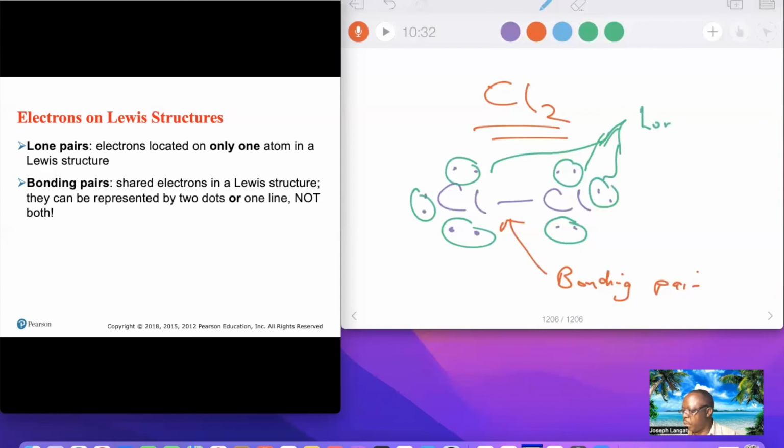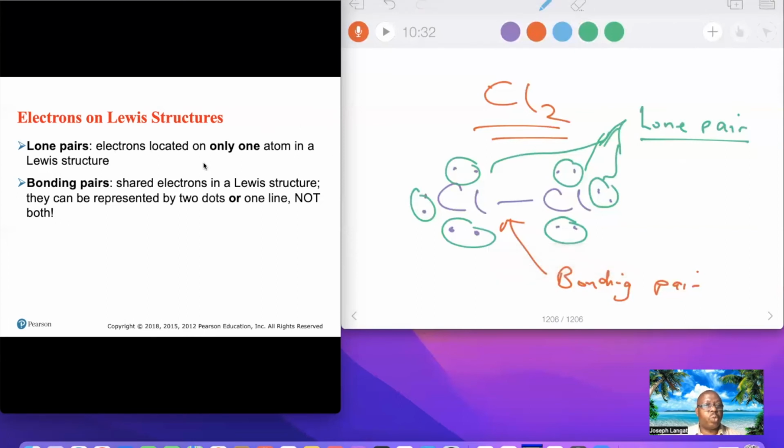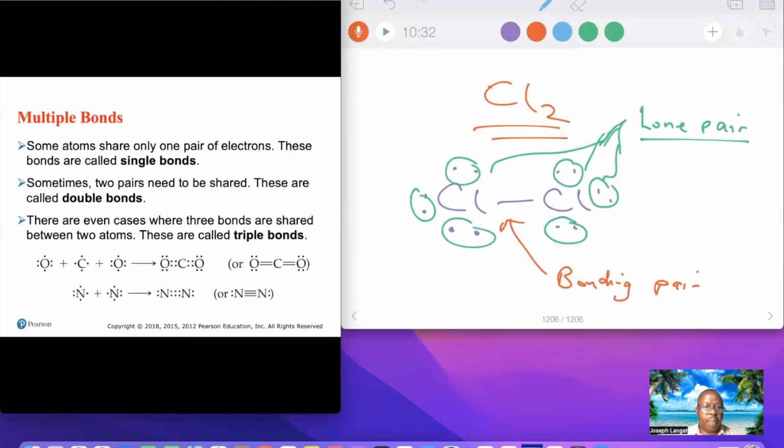We call these lone pairs. I've seen a question on this slide. Once we are done with section 8.5, draw the Lewis structure for this molecule and state the number of lone pairs, okay? If I look at this chlorine gas, 1, 2, 3, 4, 5, 6, we have 6 lone pairs. So understand that there are 2 types of electron pairs: the bonding pair, by looking at the line, and the non-bonding pair.